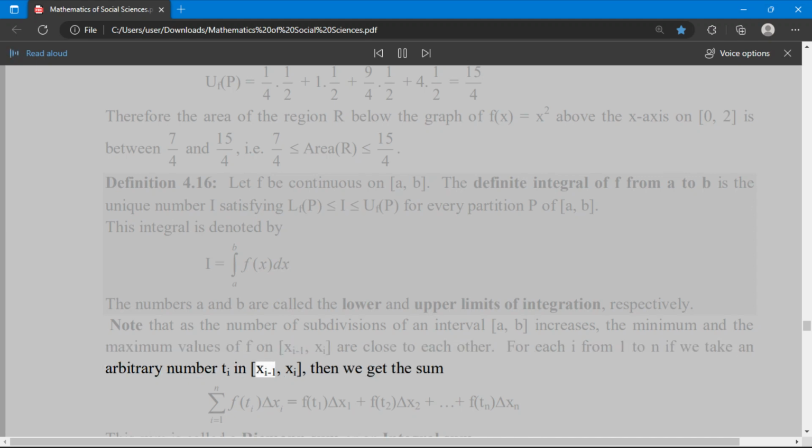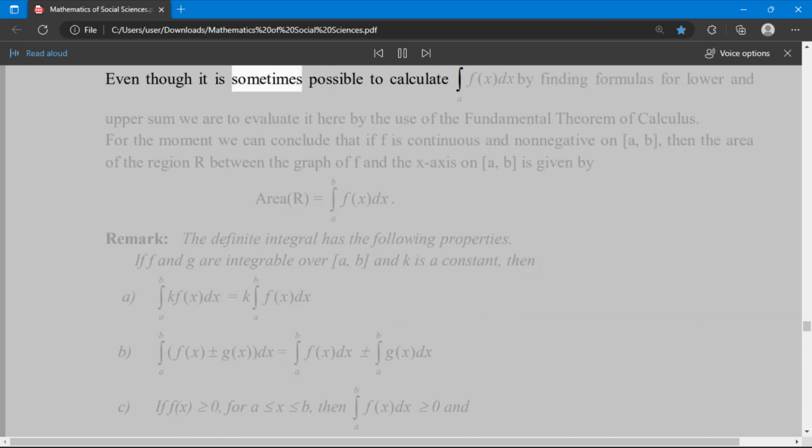For each i from 1 to n, if we take an arbitrary number t_i in [x_{i-1}, x_i], then we get the sum Σ f(t_i)Δx_i = f(t_1)Δx_1 + f(t_2)Δx_2 + ... + f(t_n)Δx_n. This sum is called a Riemann sum or an integral sum.